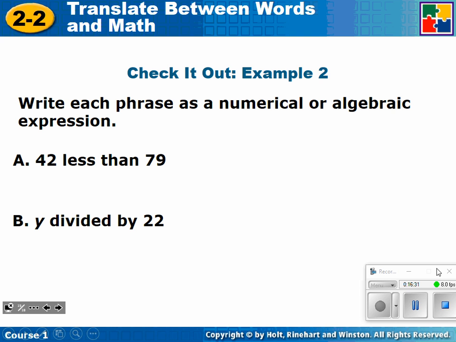Yes. Y divided by 22. Let's look at this one. I know. Okay, wait. 42 less than 79. What's the order? No. It is not 42 minus 79. 79 minus 42.